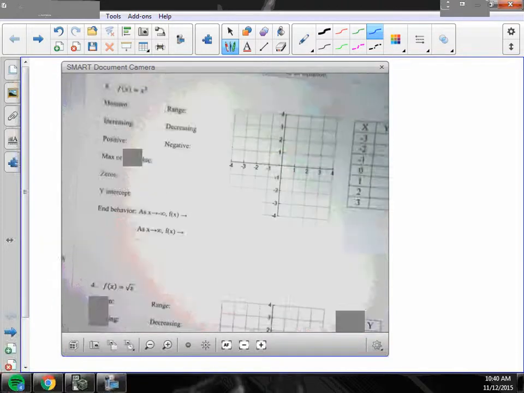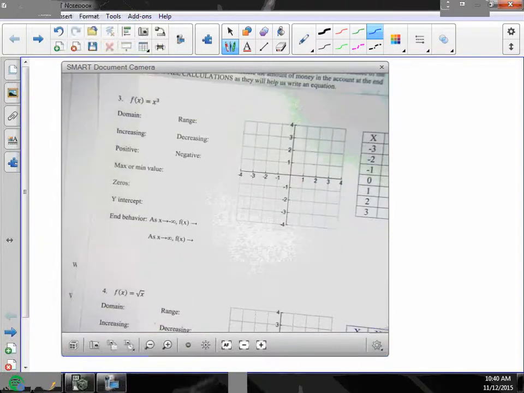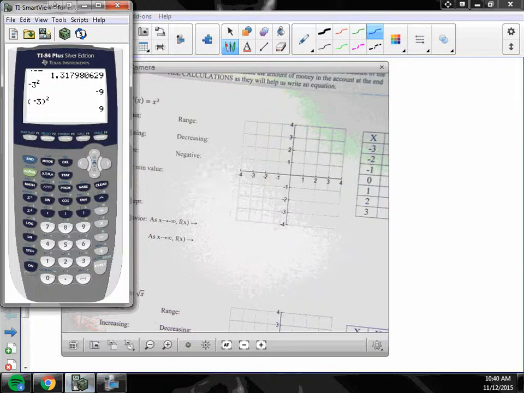For number 3, does everybody know how to do third power on their calculator? Remember, when you plug in negatives, you need to put them in parentheses. So parenthesis, negative 3, parenthesis. How do you do third power? You push this button right here, the caret. Some of your calculators will look like this.